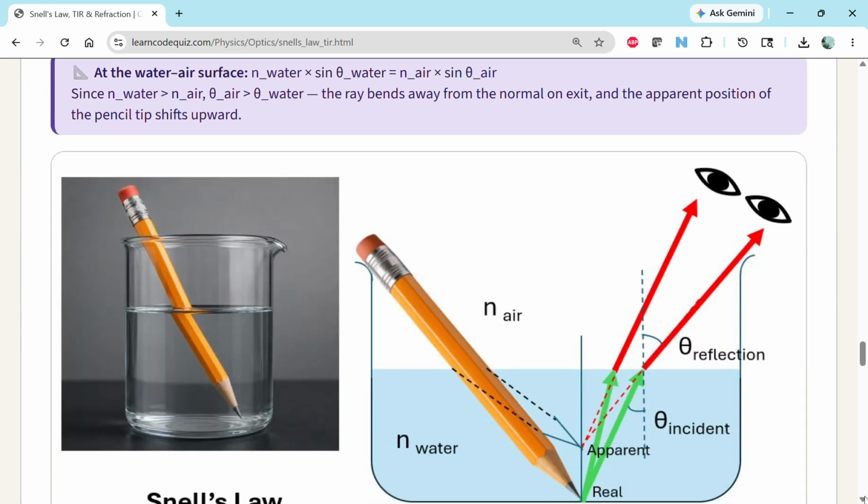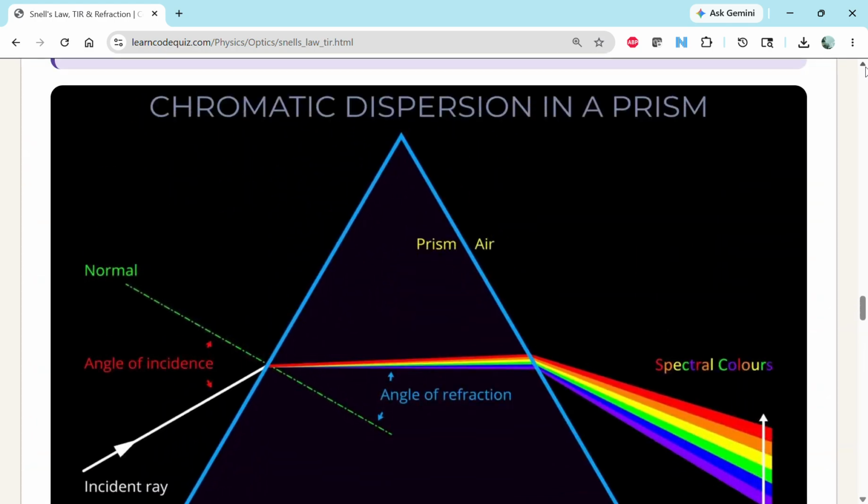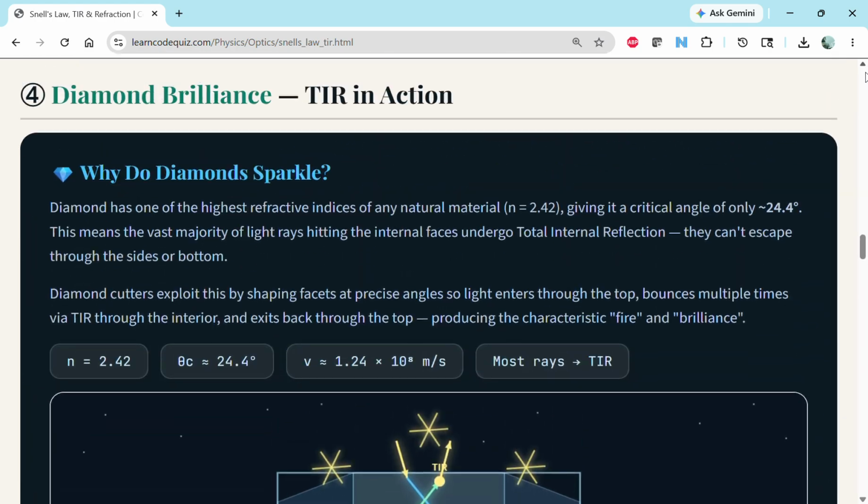Or you may try this at home, or you may have tried it already. If you put a pencil in a glass or beaker half filled with water, you'll see the pencil bending and you may ask yourself why. Now the answer to all these lies in the bending of light.